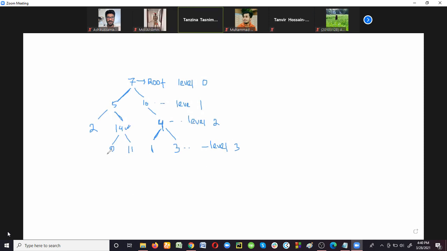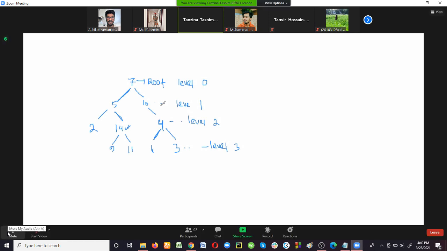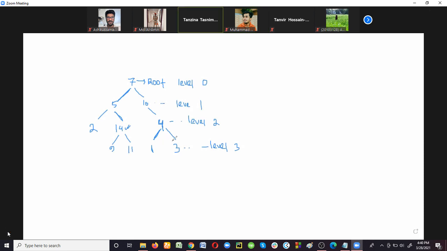So from this level, if we take any of these nodes 9, 11, 1, 3, and count the number of edges between the root node and that node, we will find the depth of the tree. Is it clear what is the depth of the tree? Yes, ma'am. So for leaf node 3, there are 3 edges between the root node and that leaf node. That's why this is the depth of this tree.